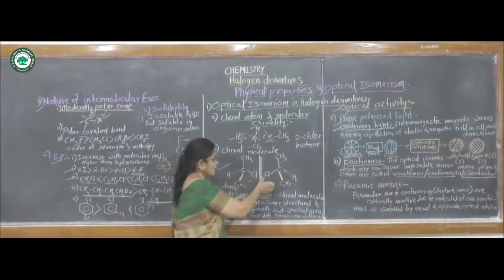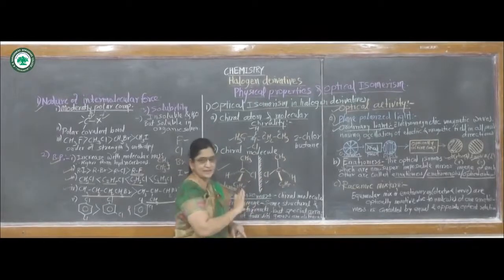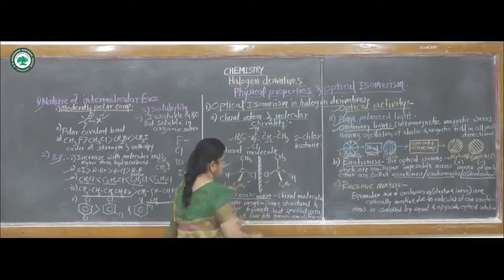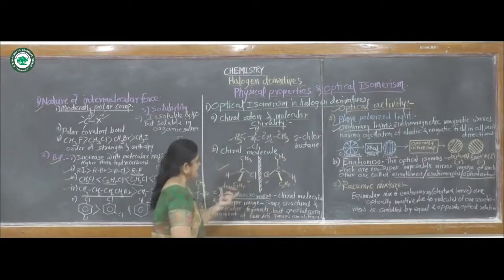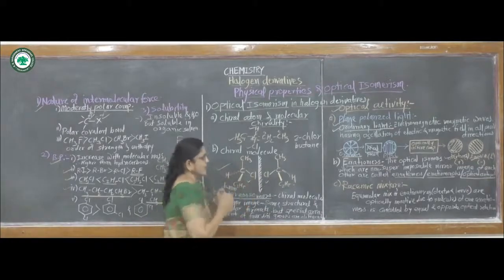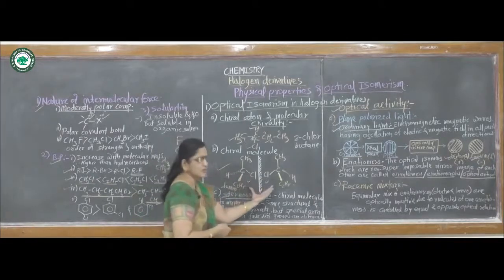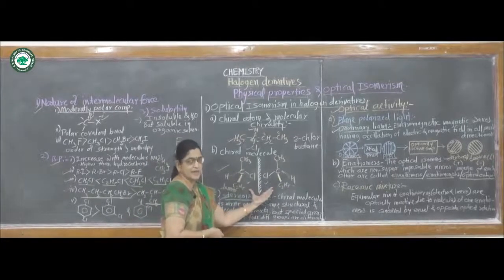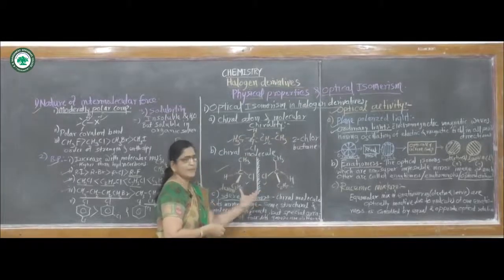That means it rotates plane polarized light towards the left hand side or anti-clockwise direction, hence it is called L-2-chlorobutane. In this way it shows two enantiomers, and these two have non-superimposable mirror images.